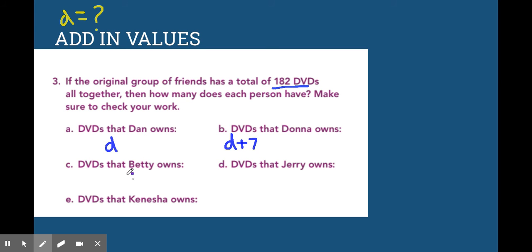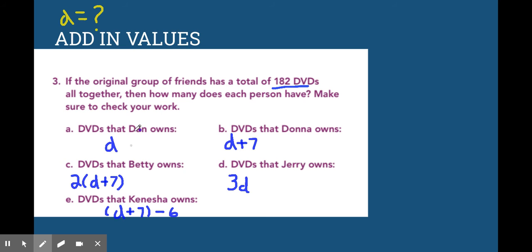We also know, based on the last slide, that Betty has 2 times D plus 7. And we also know that Jerry has 3 times D, so 3 times as many as Dan. And we know that Kenesha has D plus 7 minus 6. And those all come from the last slide that we figured out.